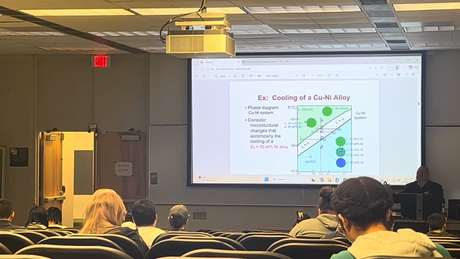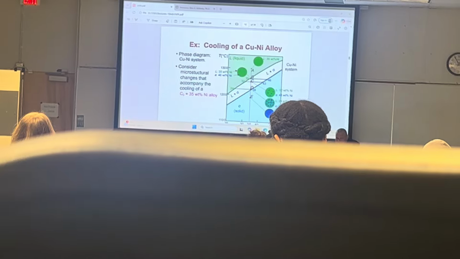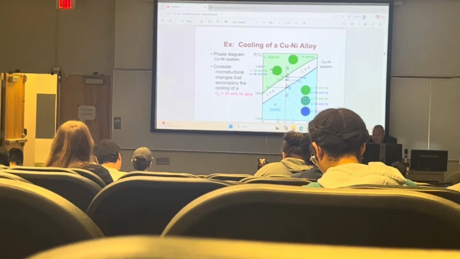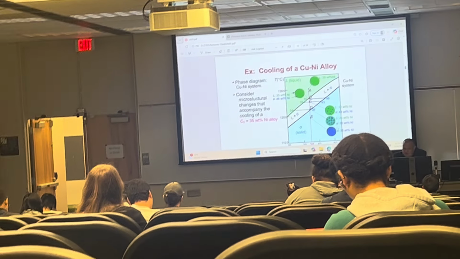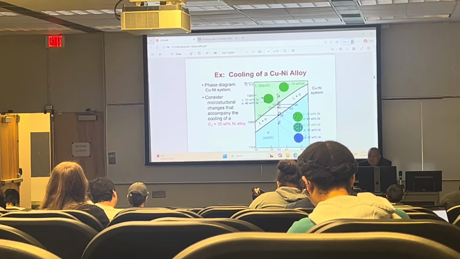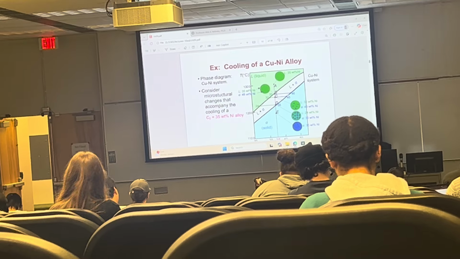And in the liquid, it's easy for the atoms to diffuse, much easier than it is in the solid. Then we go down to point E, and all these nuclei form a grain boundary, and the composition is 35% nickel. We started with 35% nickel, we ended up with 35% nickel. But in the meantime, we went through the process that's called nucleation and growth.